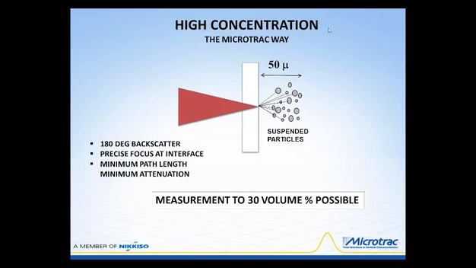So that allows for the measurement up to 30–40% volume. At that point, it's very close to the theoretical packing of a sphere in a fluid, and all motion, Brownian motion, would cease when the particles are in full contact.